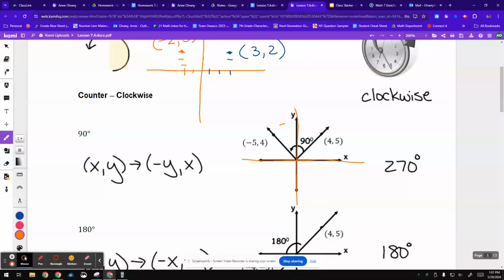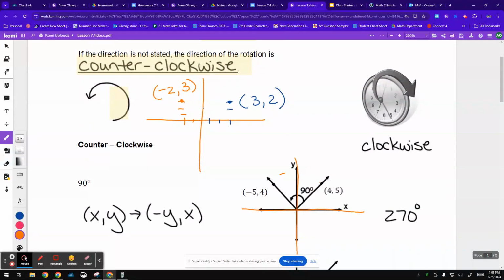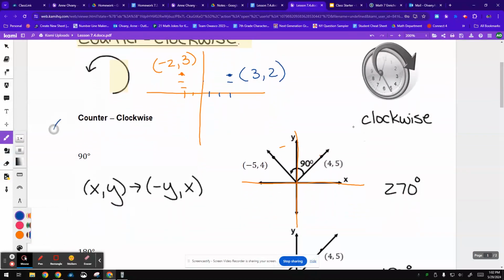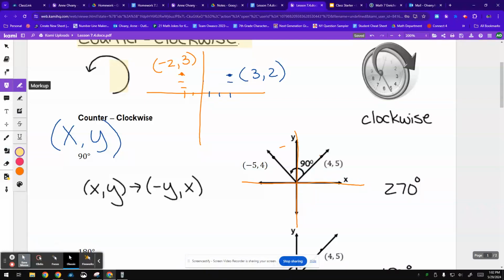I don't know if you're like me, but I'm a rule memorizer. So here's what I do. Some people like to picture it. It's not me. I say to myself, okay, I always start with the point X, Y. You with me? Everyone's okay with that, right? If I'm going to rotate counterclockwise 90 degrees, just one turn, I'm going to flip the X and the Y and negate the first.